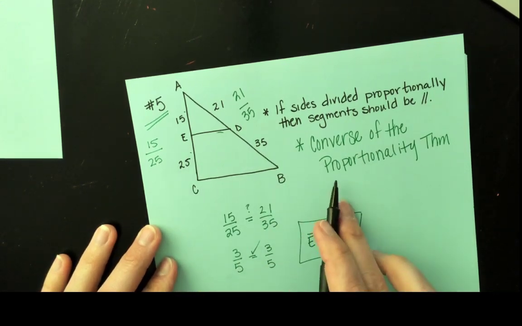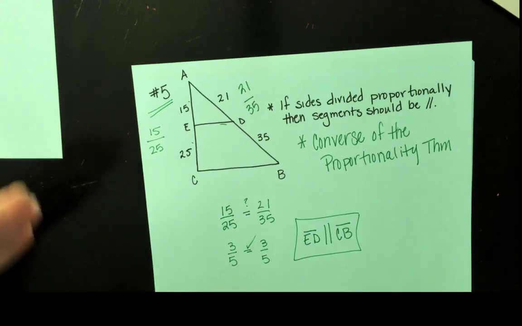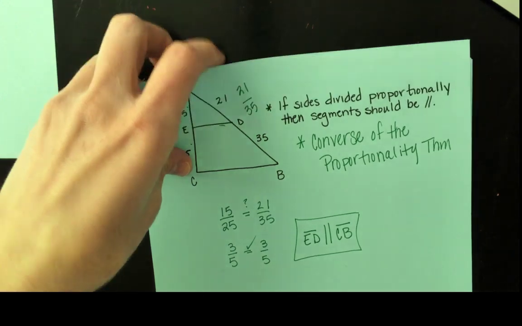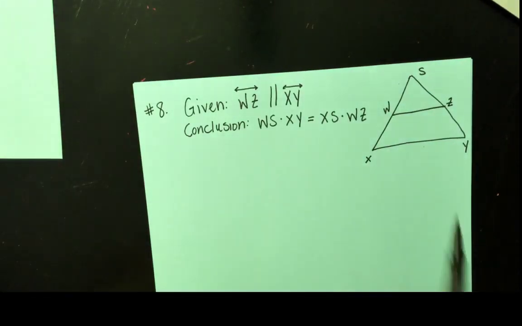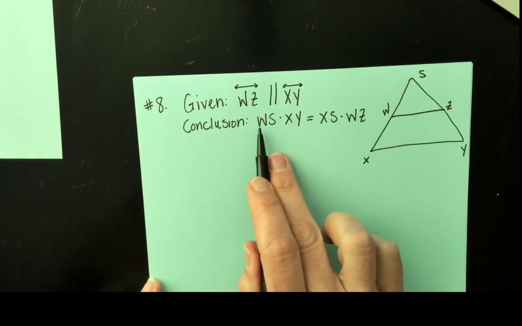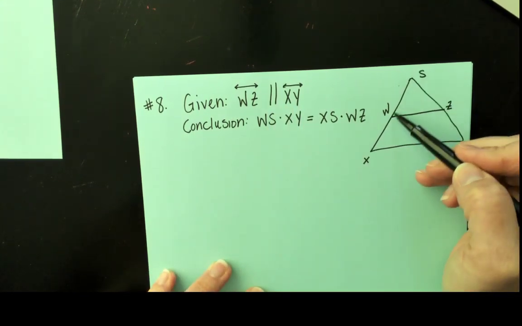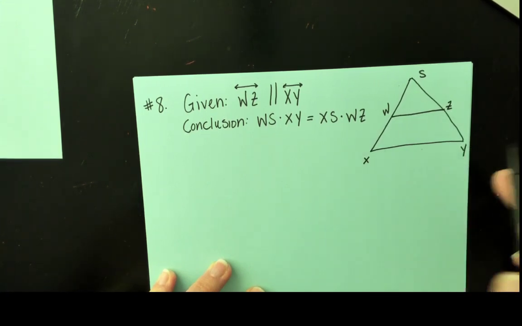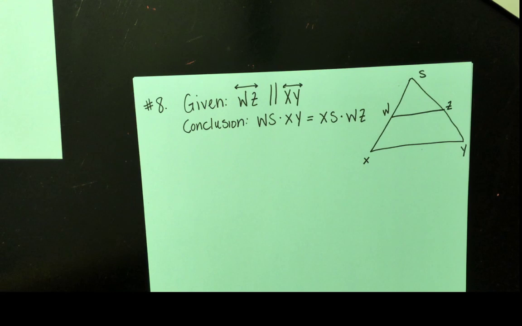So it is the converse of our proportionality theorem that we discussed at the beginning of the Zoom lesson. So initially I was like, oh, maybe that's what we could do here because I see this as parallel. But I'm looking at what they're having us match up, WS and XY, and so we may need to worry about what happens if we separated these triangles.